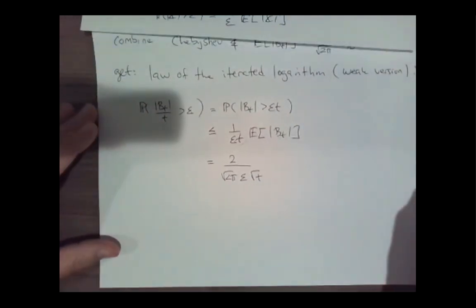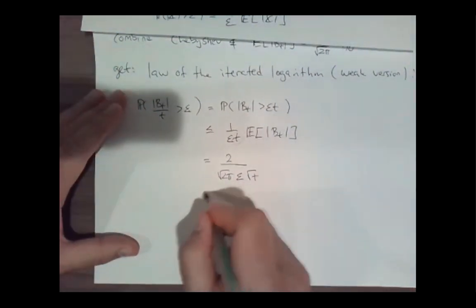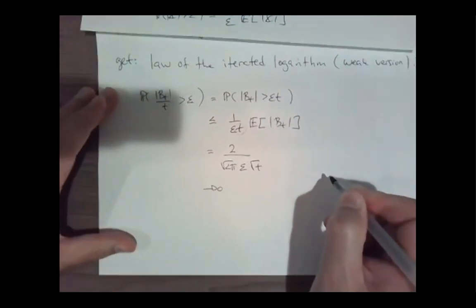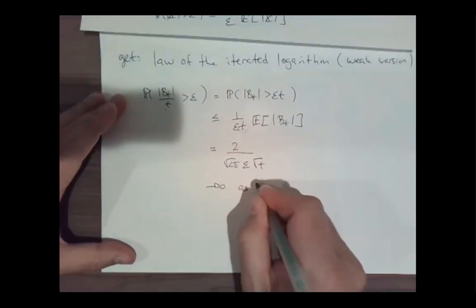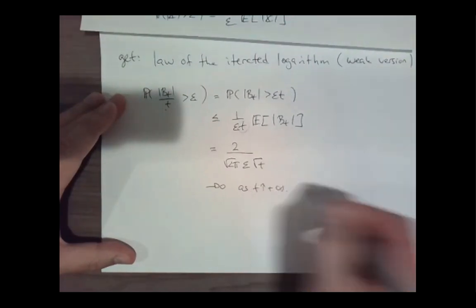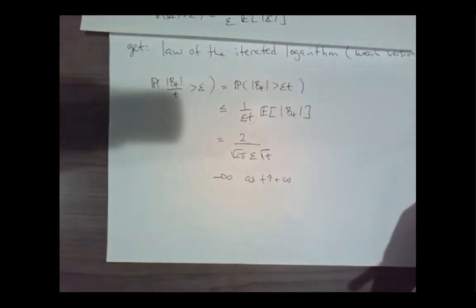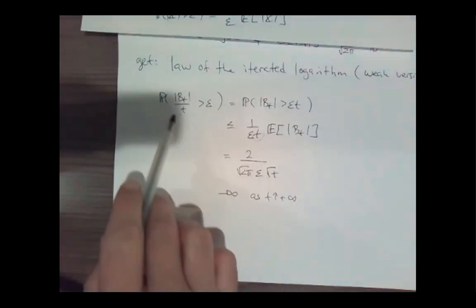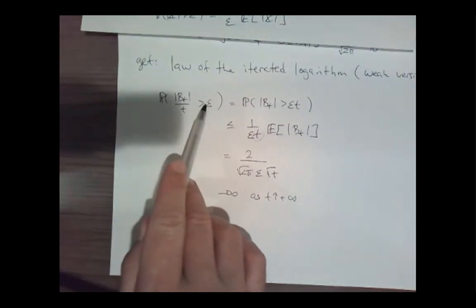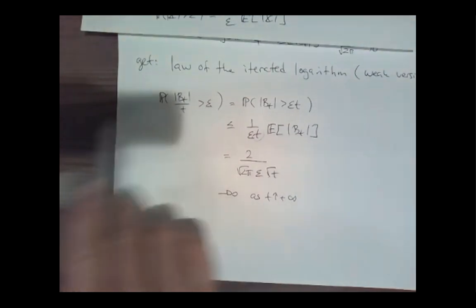And so what happens is that this thing goes to 0 as t goes up to plus infinity. So you can see that when I'm looking at the absolute value of Bt over t, when t gets bigger and bigger, the chance that this becomes bigger than epsilon is small.